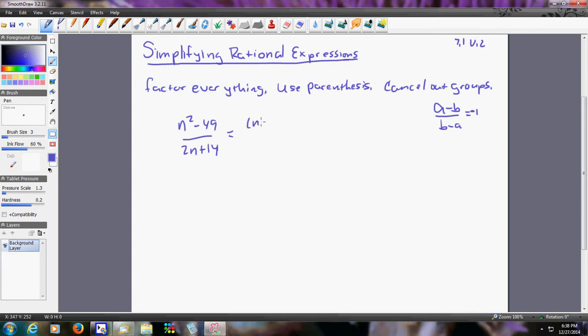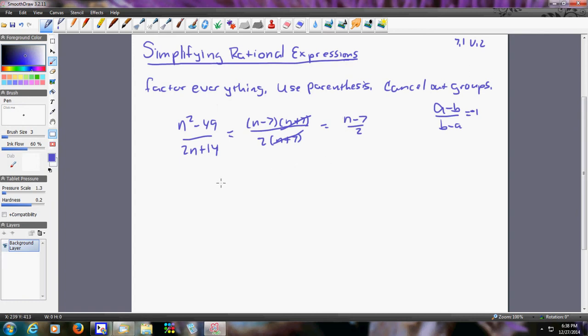I realize that this is a difference of perfect squares, so n minus 7, n plus 7. I'm using parentheses because I have to. And factor out 2 from down here, and I get n plus 7. Now, I'm going to cancel out groups. I'm going to say n plus 7 and n plus 7, and those cancel out. And so my answer is n minus 7 quantity divided by 2.